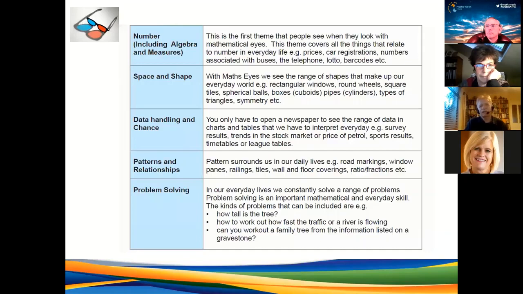And what we found is that if you can just have those 4 lenses, as we call them, and they align a little bit to the strands in the primary curriculum, with whatever you're doing, whether it's looking at photographs that the students have taken or drawn, or thinking about designing a maths trail around your own school, or thinking about, as we call it, out and about Maths Eyes work, where you're trying to talk to children about what kind of things they should be keeping their maths eyes open for if they're going shopping. If you can attack each of those tasks with these 4 different lenses on, it really is very effective in broadening out what the conversation is.